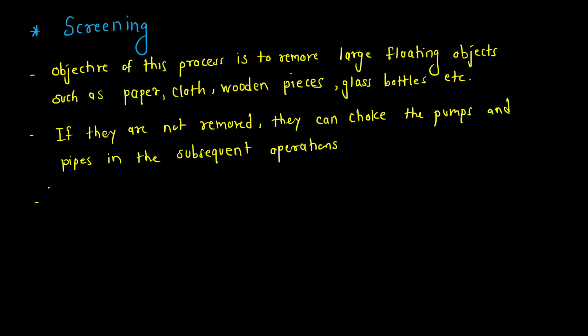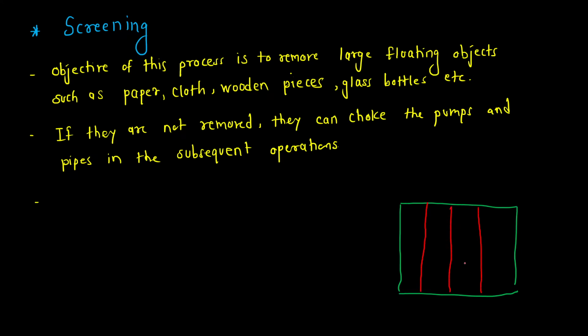A screen is a device having uniform openings with the help of parallel rods. If I draw it here, there are uniform openings in the screen with the help of parallel rods. These are parallel rods here, and due to these rods, there is an opening present.